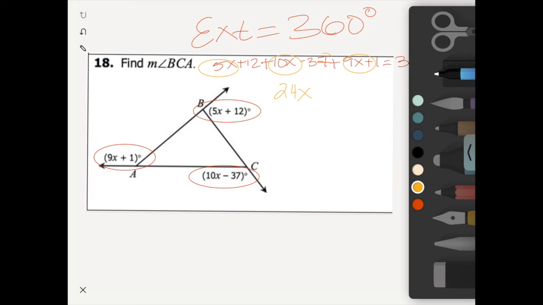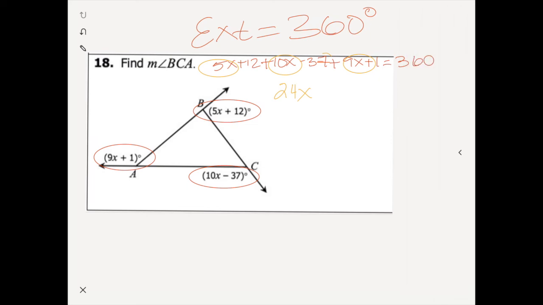And if we add up all of our constants, we're going to have 12 minus 37 plus 1. So we're going to get minus 24. And that's going to be equal to 360. Let me make that darker.